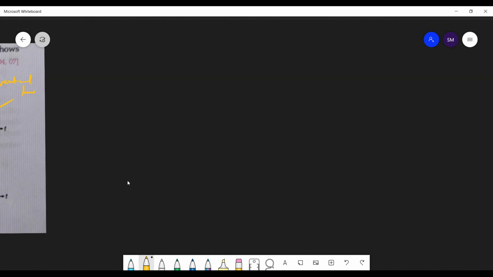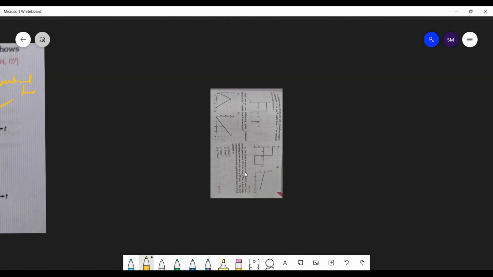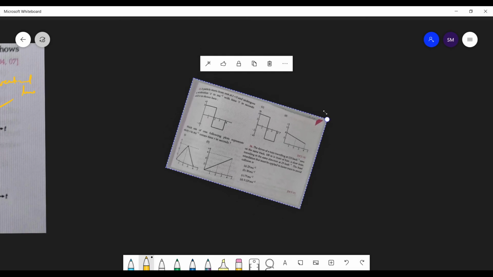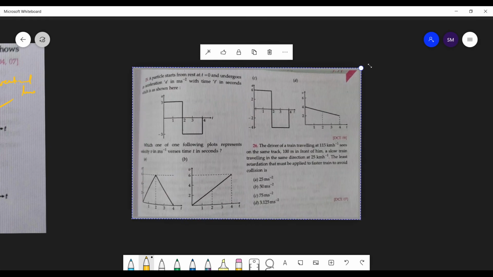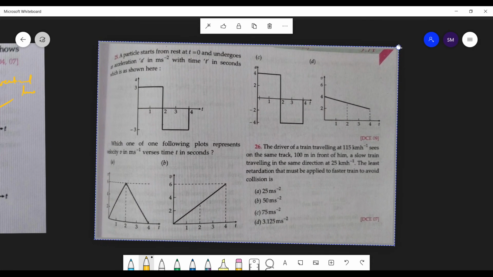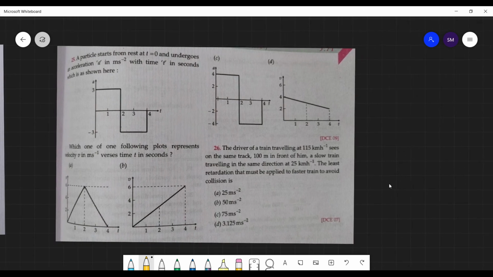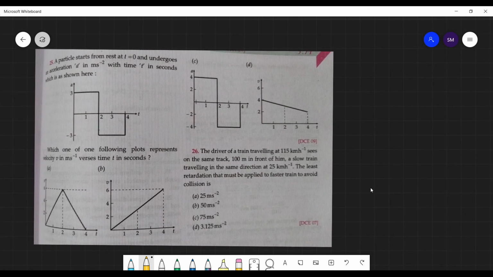Okay, so let us do the next question. You have a particle which starts from rest at t equals to 0 and it undergoes acceleration of a.